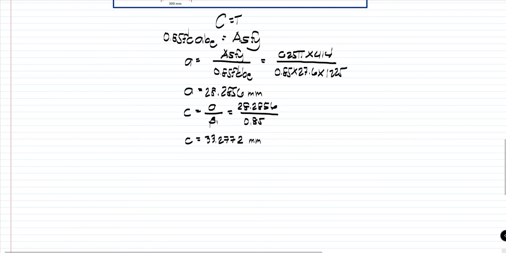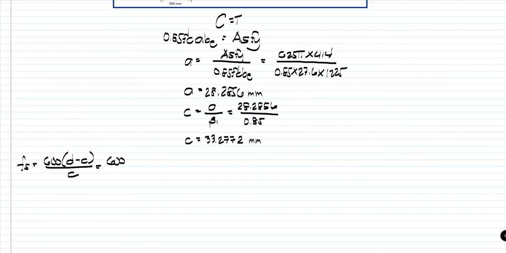So, to check, we have here yung equation for the steel stress, which is equal to 600 times D minus C over the C. So that will be equal to 600 times natin sa 775 over 2, which is yung effective depth, minus yung C natin, which is 33.2772, divided by yung C natin na 33.2772.